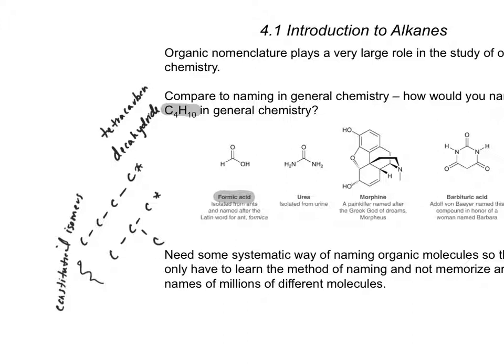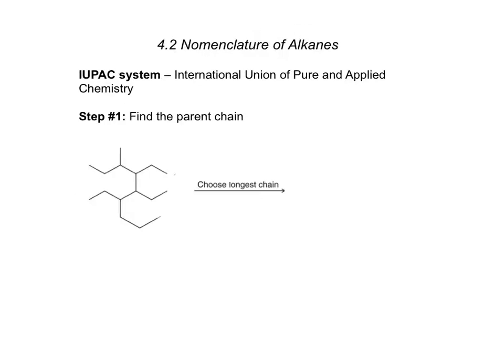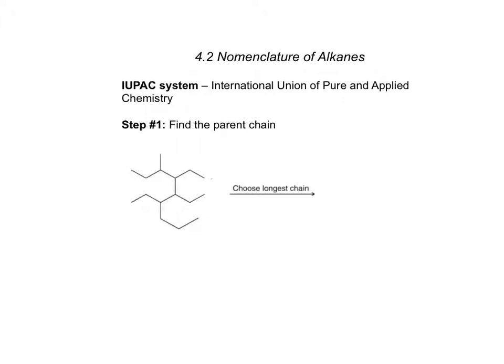So now, we're going to start on our systematic set of rules for naming organic compounds, that hopefully will avoid all of these various little issues. So what is our nice systematic, methodical set of rules? It is called the IUPAC system.